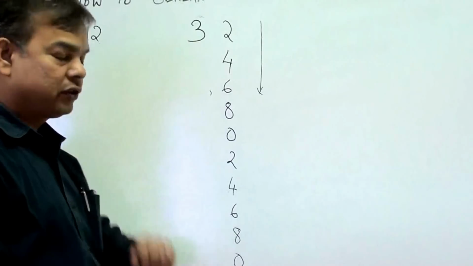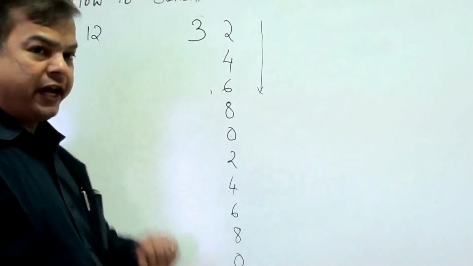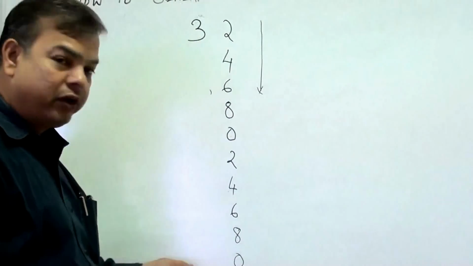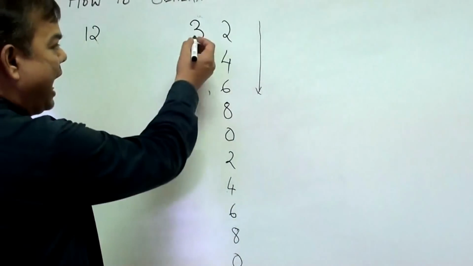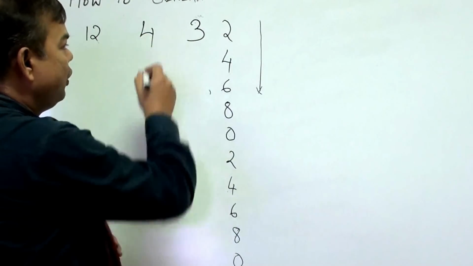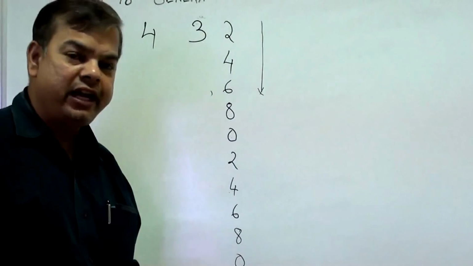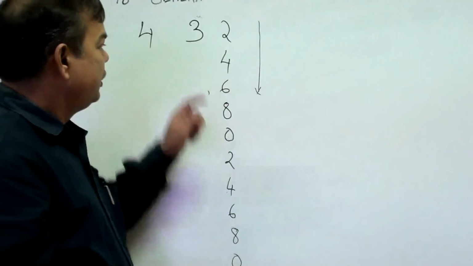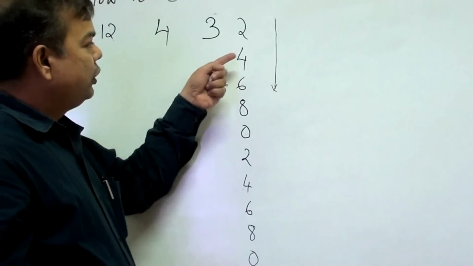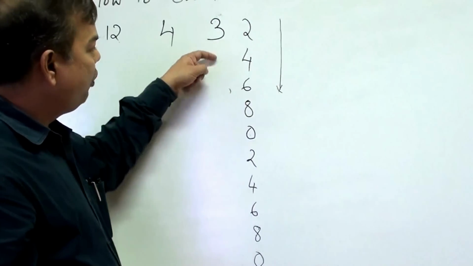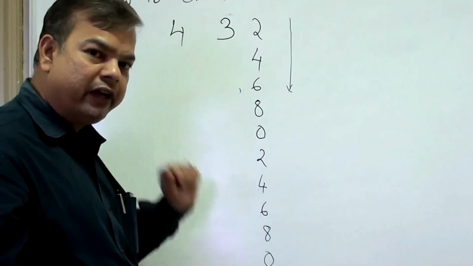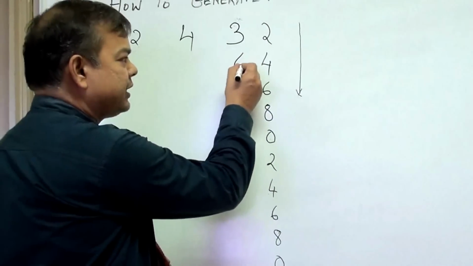Now in case of 32, your first number is 3. So in the subsequent numbers, you are going to add either 3 or you are going to add one more than 3, that is 4. So let's see where we are going to add 3 and where we are going to add 4. In this particular case, you see that 4 is more than 2, so we are going to add 3 to the previous 3, that is 3 plus 3, 6.